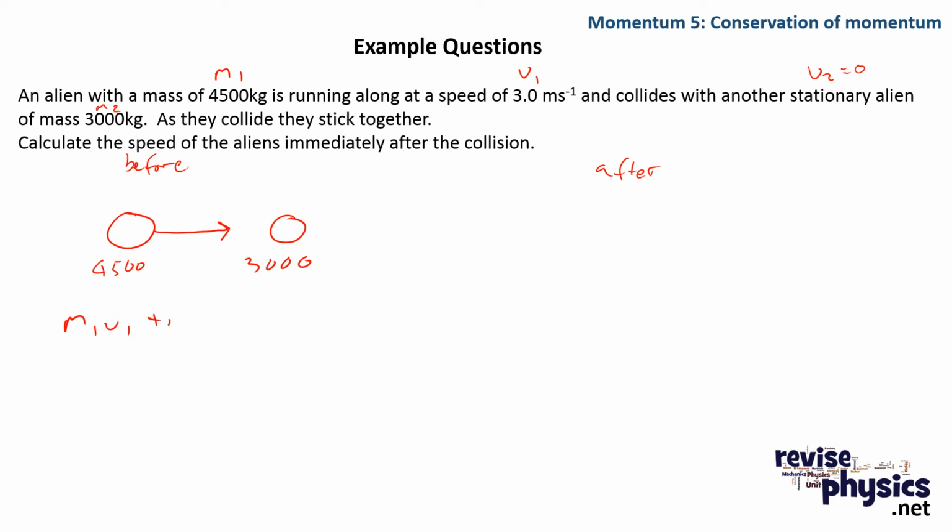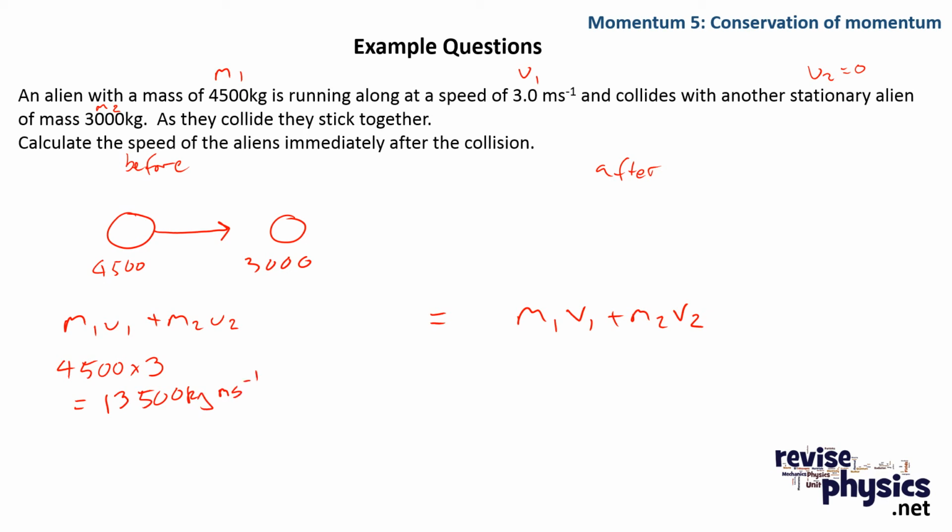m1u1 plus m2u2 equals m1v1 plus m2v2. So on this side, 4,500 times the velocity of 3 meters per second gives me a momentum here of 13,500 kilogram meters per second.